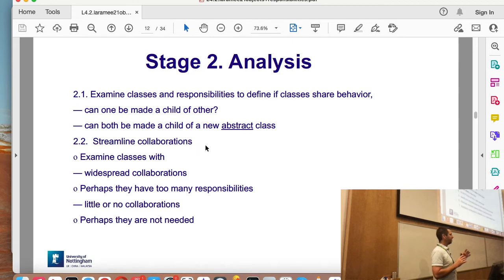Can we streamline collaborations? In other words, can we make collaborations a little bit more clear? Examine classes with widespread collaborations. Maybe they have too many responsibilities, or maybe they're not needed. You can imagine that that topic is closely related to subsystems. Not very hard to imagine.